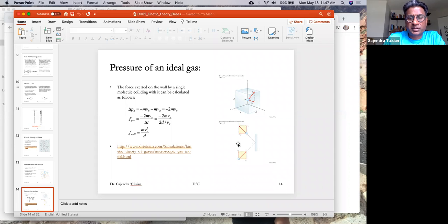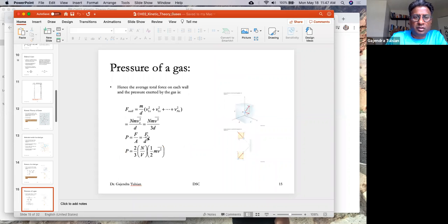The wall always exerts a force perpendicular to the wall on the molecule, and you can go through the derivation. The force that the wall exerts is that, and the gas exerts an equal and opposite force on the wall. So we know the directions of the force.